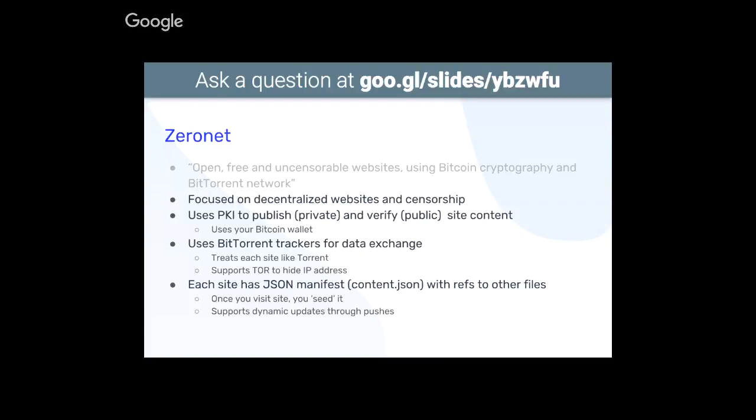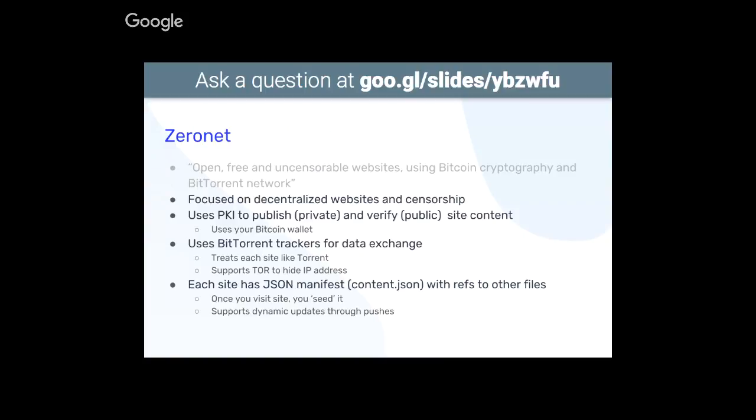Each site on ZeroNet is essentially like a torrent file. When you want to access the site, you essentially torrent that site and access the content from all sorts of peers distributed all over the place. You get little bits of data from each of them, and then in the browser you'll visualize that content.